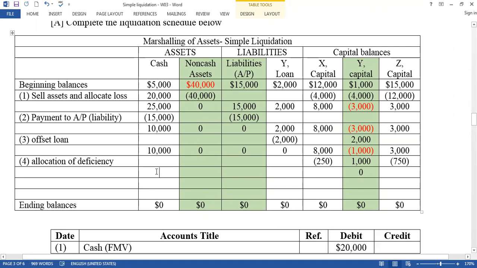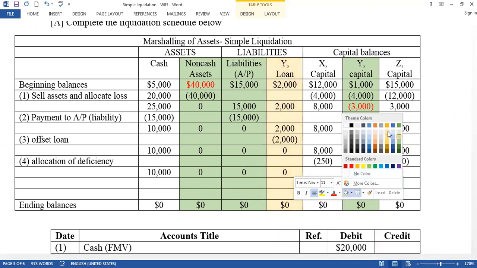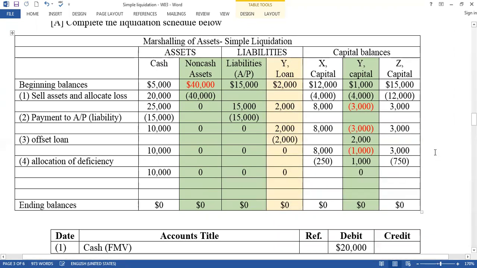Cash, we have 10,000. 0, 0, 0. So we also closed our loan account. So what is the new balance for X now?